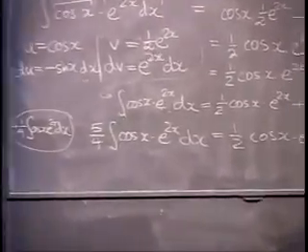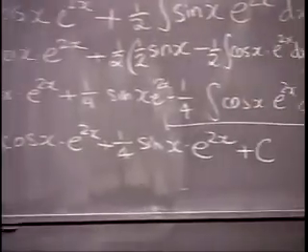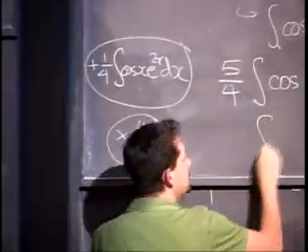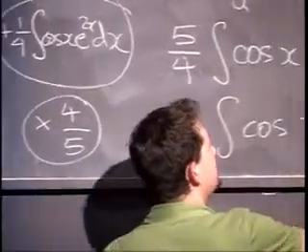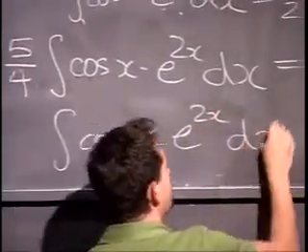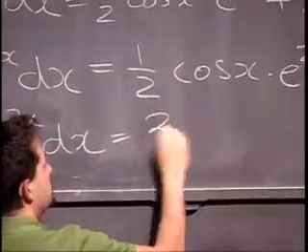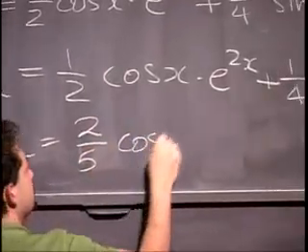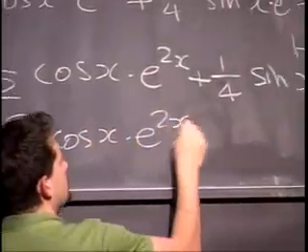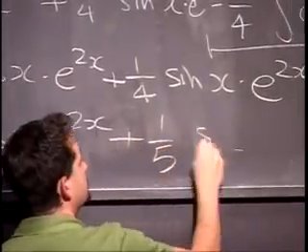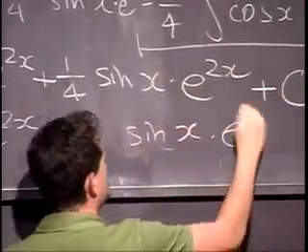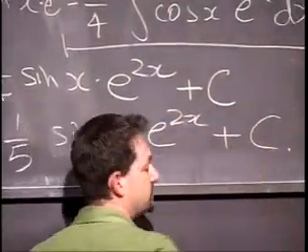Anyway, the only thing you have to do now is multiply by 4/5 to get the final answer. So you get the integral of cosine x e to the 2x dx; 4/5 of times 1/2 works out to be 2/5. And you're going to have 1/5 plus a constant.